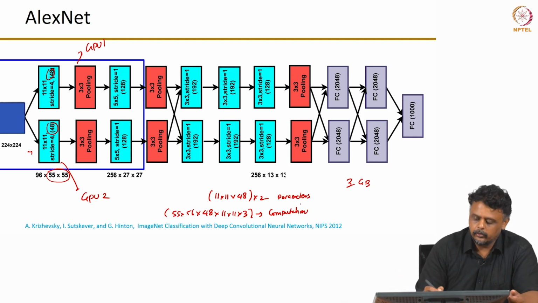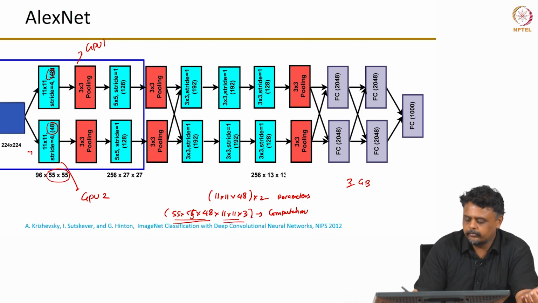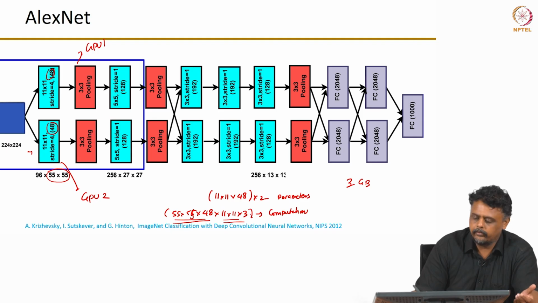So, basically 55 cross 55 cross 48 outputs, and for each output we need to perform 11 cross 11 cross 3 multiplications. I have ignored the additions because it is the sum of products. You can also put in a factor for it if you want to, but this is the typical way to calculate the number of computations.